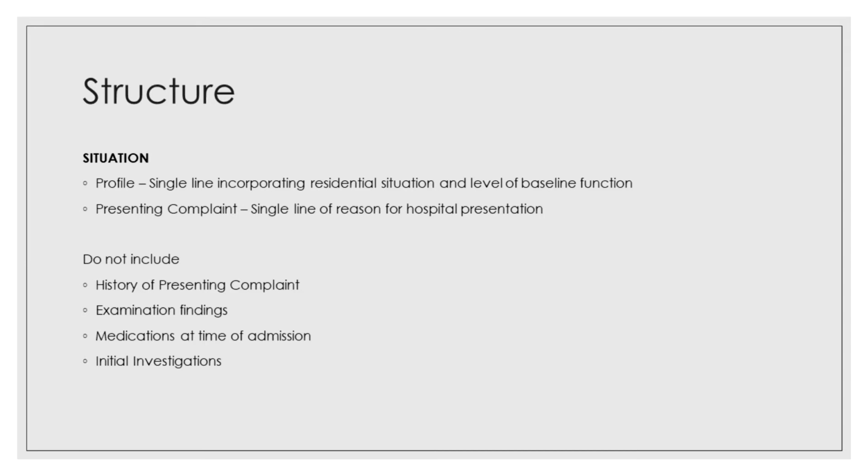It's not really important for the GP to know that, and they're not particularly interested in that because it usually doesn't change any management. We're not interested in examination findings at the point of admission. We're not interested to summarize the medications at the time of admission, nor are we interested to summarize the initial investigations and results there. It's really just 1 line for profile, 1 line for the presenting complaint.